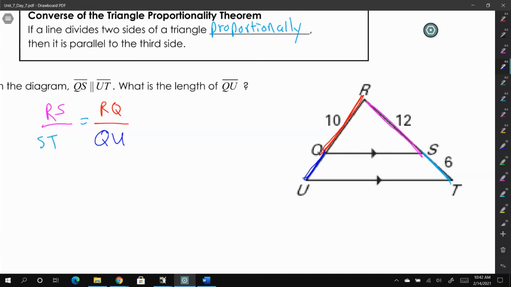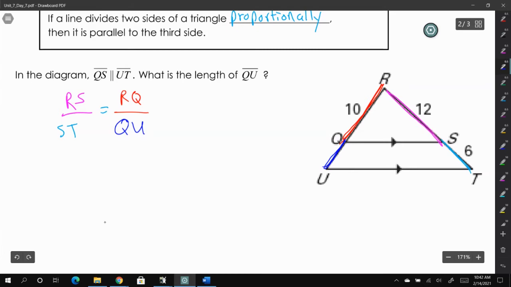Okay, so now we can just plug in the values that we were given. RS is 12, so 12 over ST, which is 6. That equals RQ, which is 10. And QU, we don't know. So we can put X there.